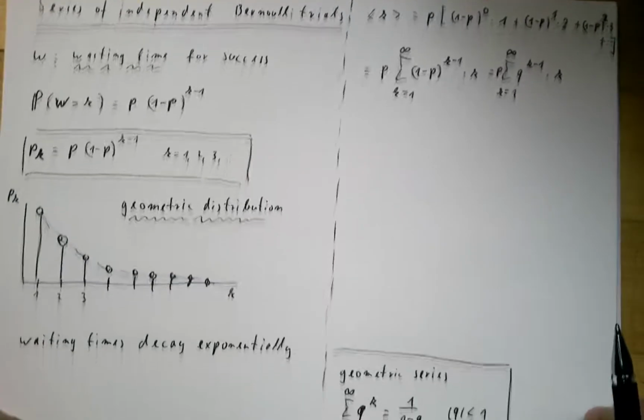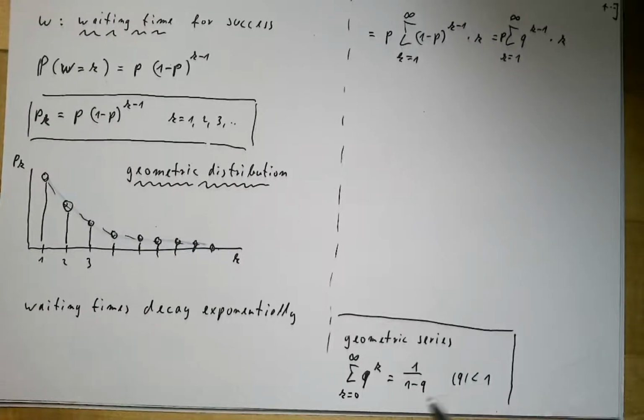Let me say it again. If you have a sum of q to the power k, summed over infinitely many terms, this is 1 over 1 minus q if q is small enough. That's a geometric series. I assume that you all know this or had this once in math. I will not prove this.